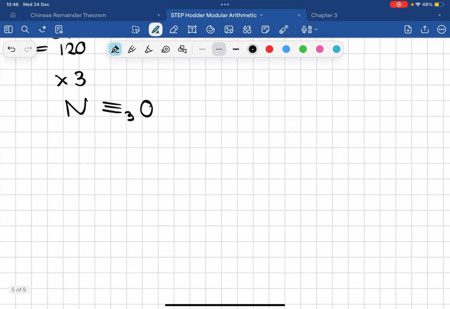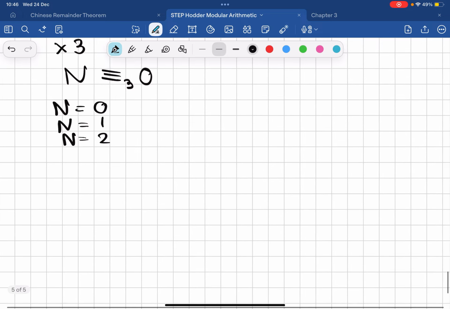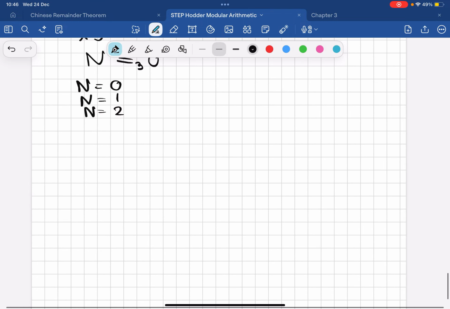Well, we take our potential values of n, which are, in this case, 0, 1, and 2, and we need to find that they are congruent to 0.